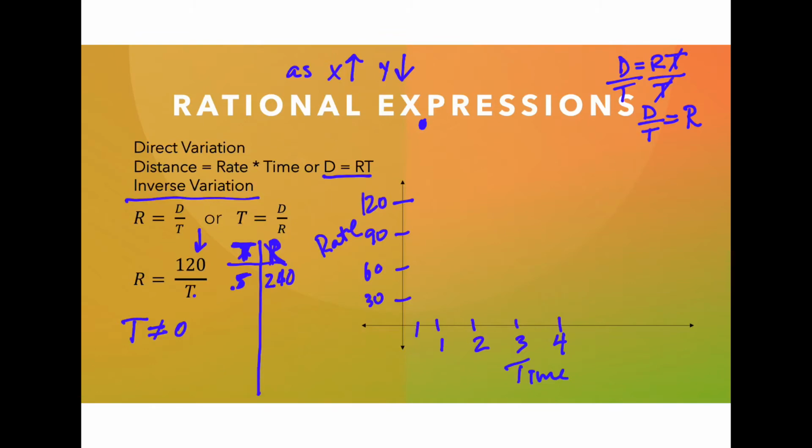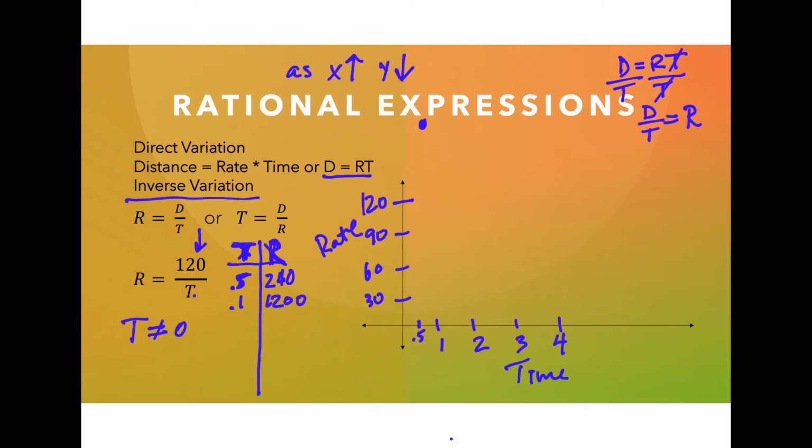So at 0.5, which is half the distance between 0 and 1, we would be way up at 240. Okay? And even if I go smaller than that, let's say 0.1, if we divide 120 by 0.1, we actually end up at 1200, which is, well, way off. I'm not even going to try to plot that. So what we see is that as we get closer and closer to 0, it's getting really high.